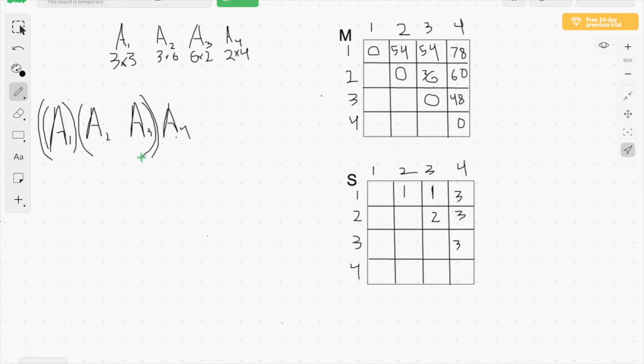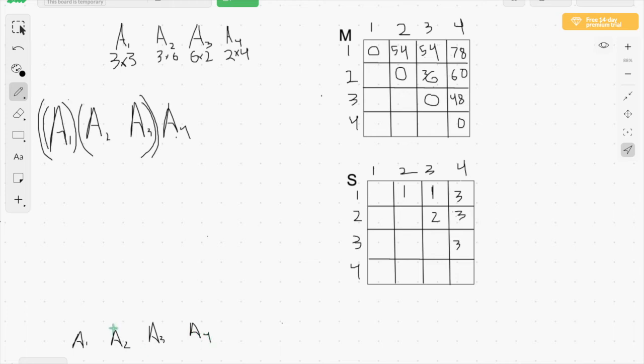Cool. So the final result with the minimum amount of multiplications, the most optimal way is to multiply A2 times A3, and then multiply that by A1, and then multiply that by A4. So let's draw this out. So let's write A1, A2, A3, and A4.